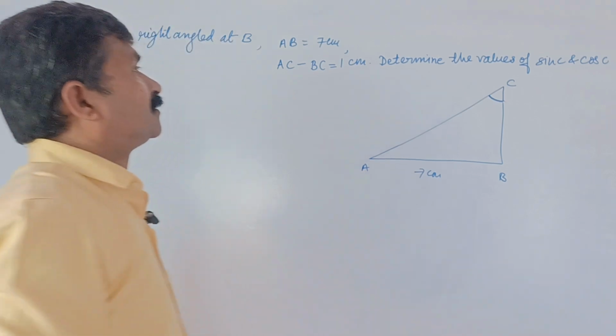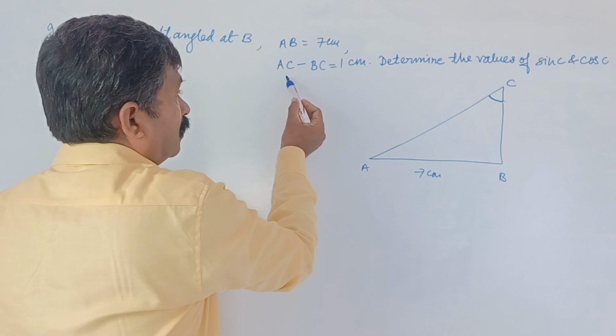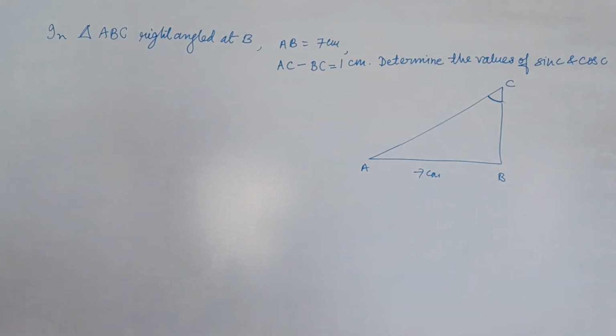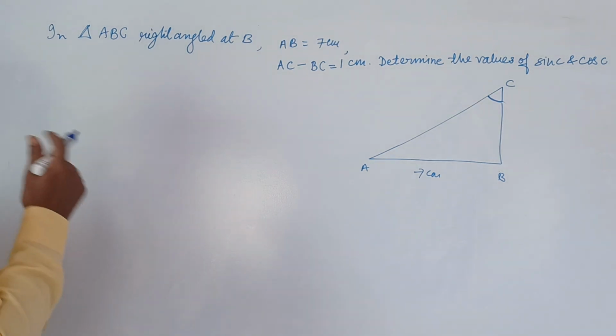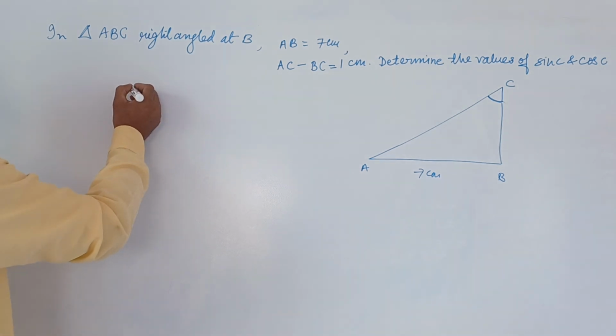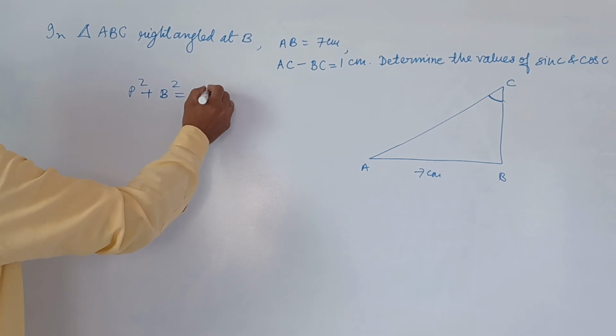Okay. Now, here the difference of two sides is given to you. So, first of all, we can take Pythagoras theorem. Pythagoras theorem हमारी क्या कहती है? Perpendicular square plus base square is equal to hypotenuse square.